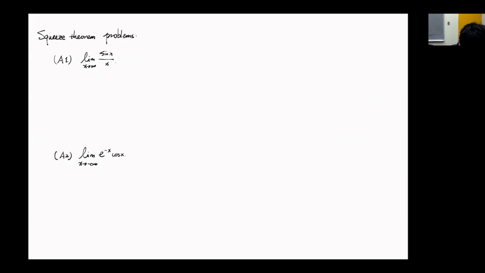Let me just write down the version of the squeeze theorem for limits at infinity. So the statement of the theorem is as follows.